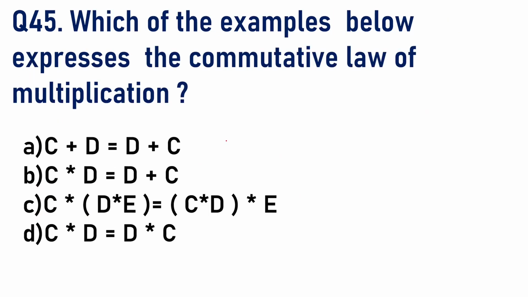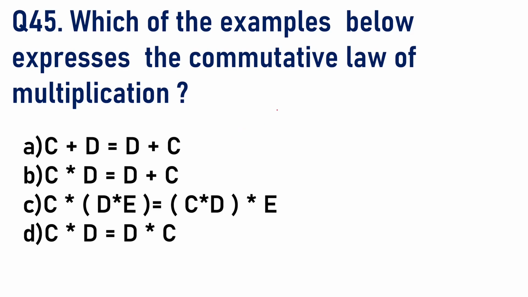Then we'll go to the next question, question number 45. Which of the examples below expresses the commutative law of multiplication? If we remember the commutative law, whether in mathematics or in digital electronics, it is either for addition or for multiplication.